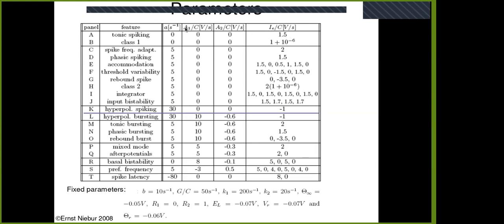But the only parameters that change between them are A, the first one in the adaptive threshold, and the two A terms, the additive terms in the spike dynamics. All the other parameters have values, of course. They're here, but they're identical for all the others.